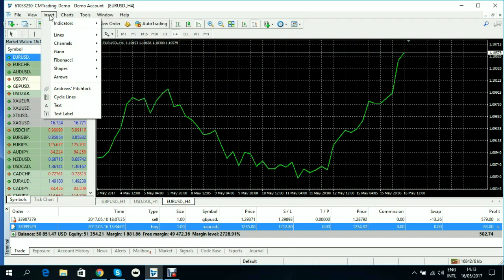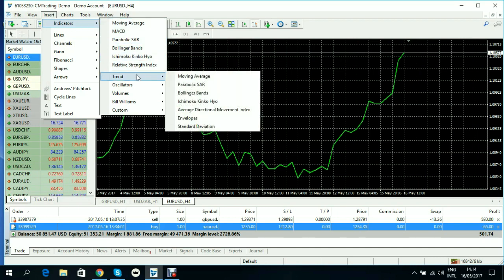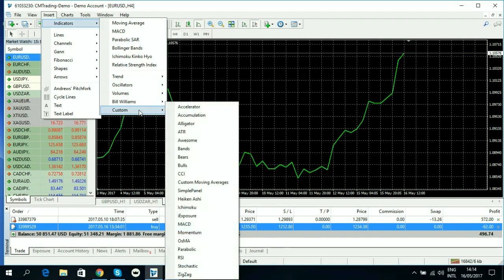To get it, we go to Insert, then Indicators. It's actually an oscillator, but I would like you to select MACD from the custom side. So this is MACD here.